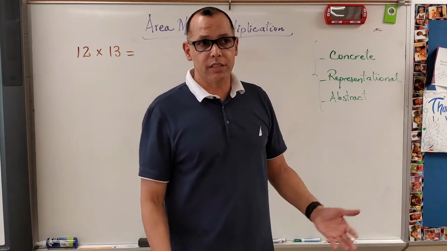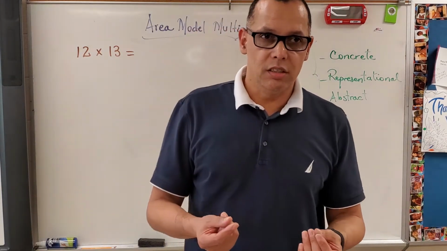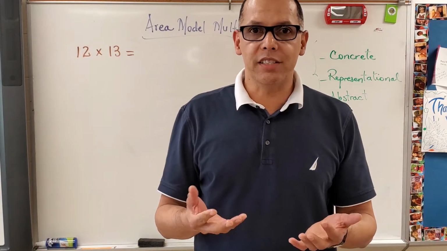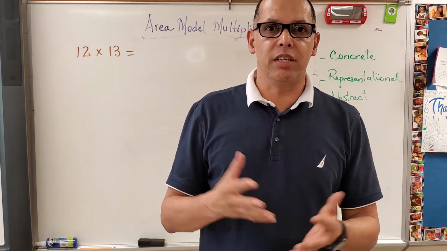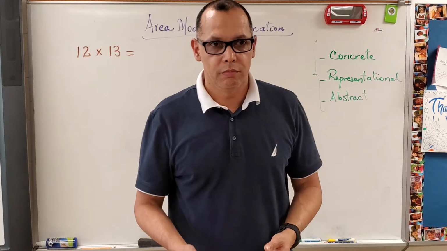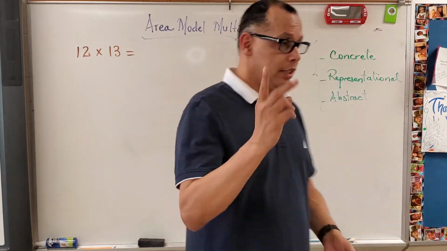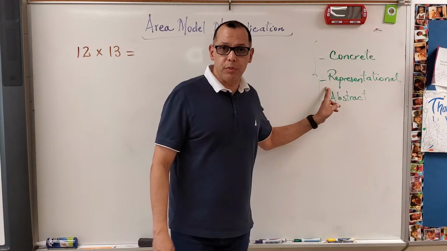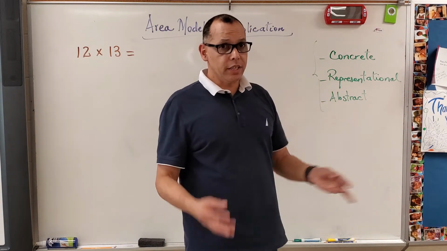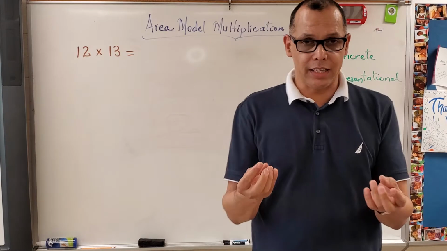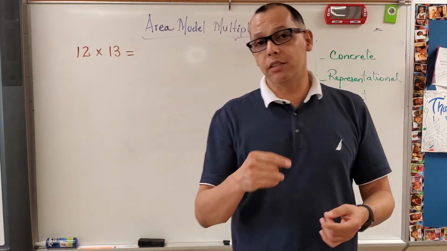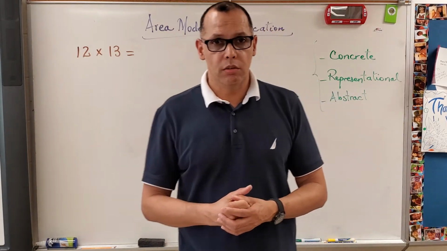The concrete is the manipulatives, the things that the kids can touch, that they can manipulate, that they can move around, because learning goes from the hand to the brain. The second thing they do is representational. Once they can do it with their hands in a kinesthetic way, then they do it with pictures, with graphs.